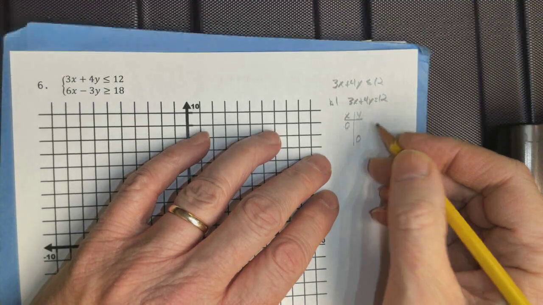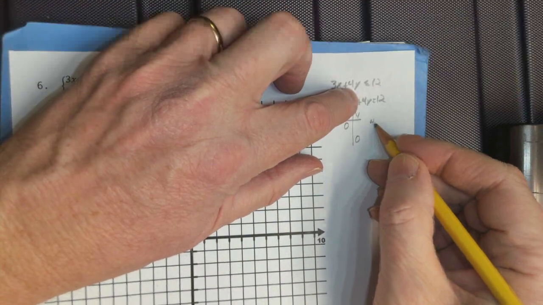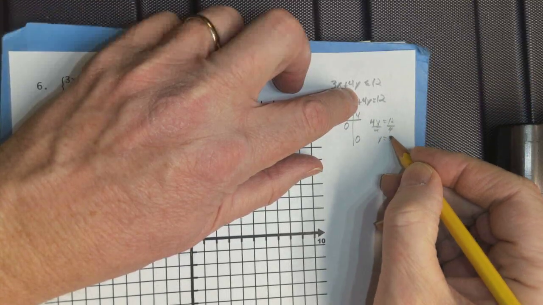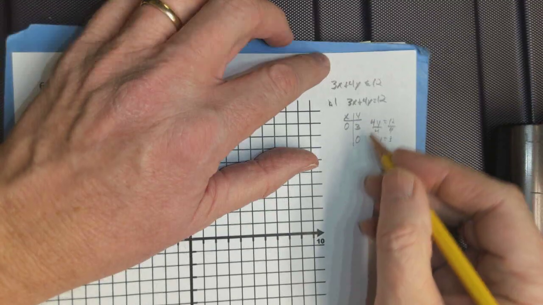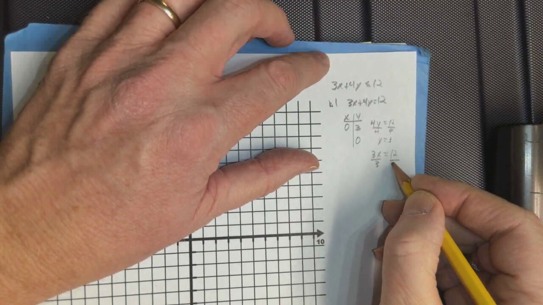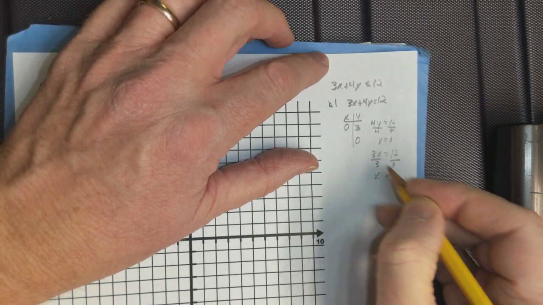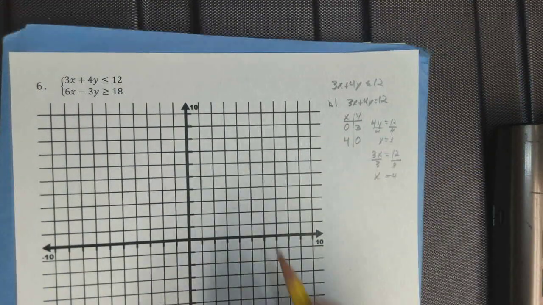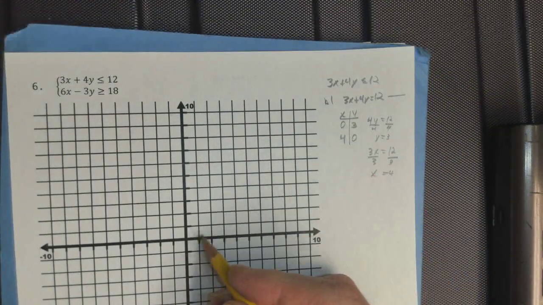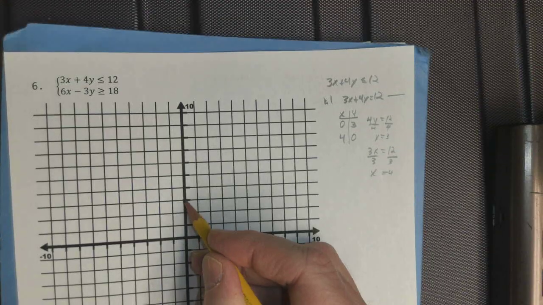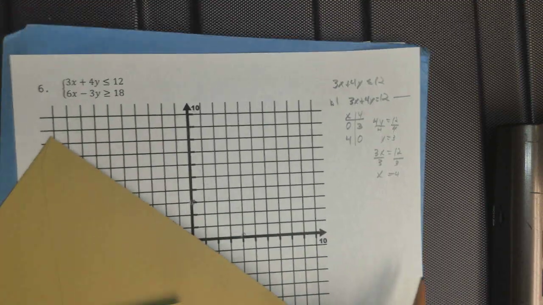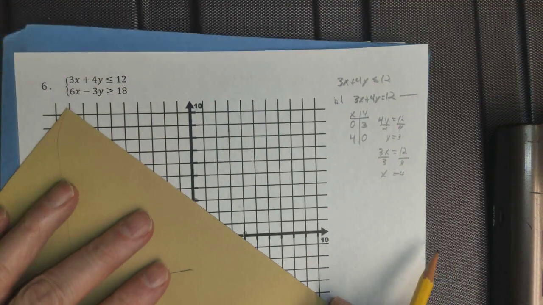Put 0 here, 0 here. This is 4y equals 12. So y is 3. I have 3x equals 12. So x is 4. Okay, I'm going to use a solid boundary line. And 0, 3 is here. 4, 0 is here. I'm going to draw a solid boundary line here.